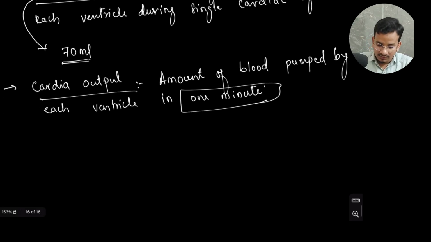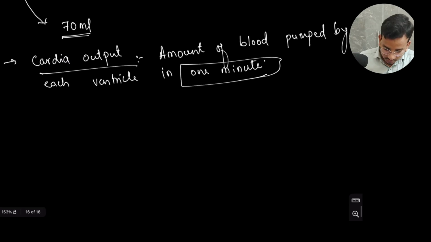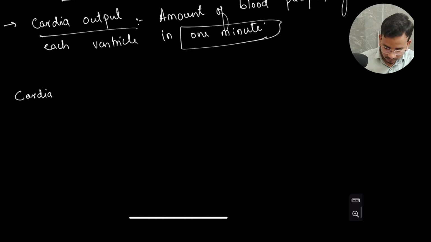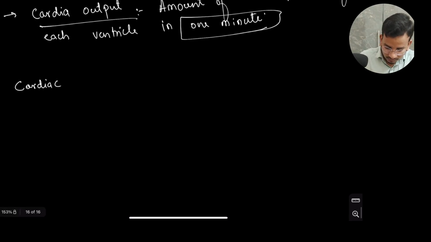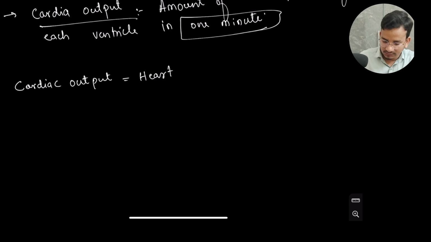So here, can you find out the cardiac output? Cardiac output equals heart rate or heartbeat times stroke volume.